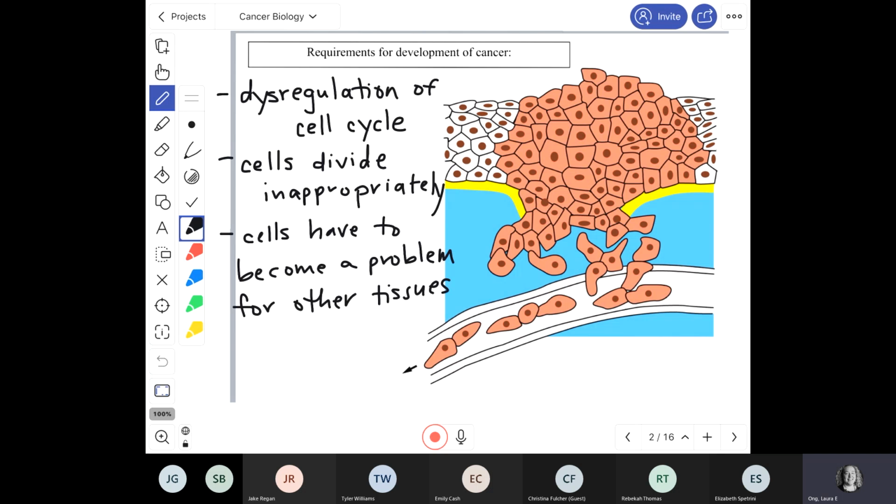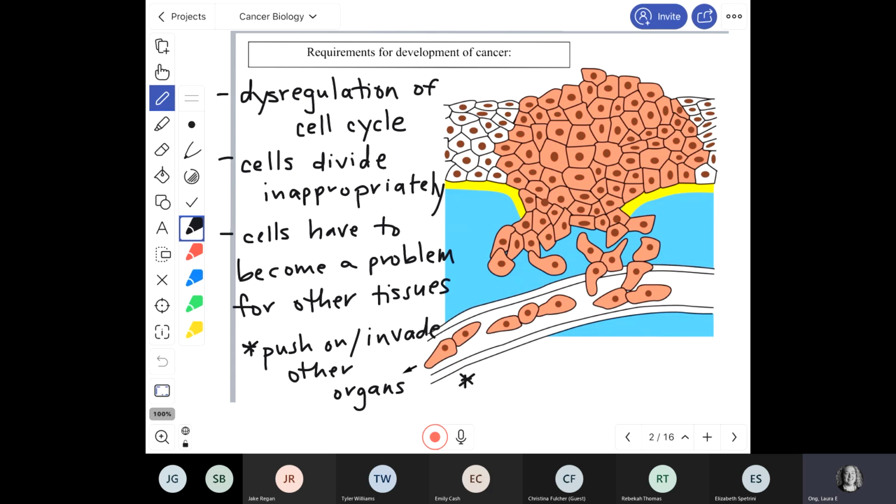So either they are going to, this is inelegant how I'm going to phrase this, but they could push on or invade other organs. And sometimes that's the problem, that a tumor is encroaching into another organ and taking up its space.